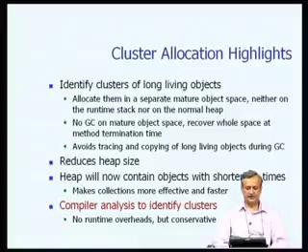No garbage collection on mature object space; recover the whole space at method termination time. You find out all the methods which actually use this mature object space or a part of it, and once all of them terminate, the last one in that sequence will return that entire area to the memory pool.